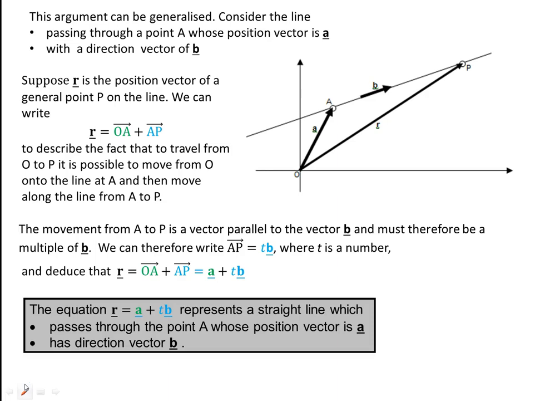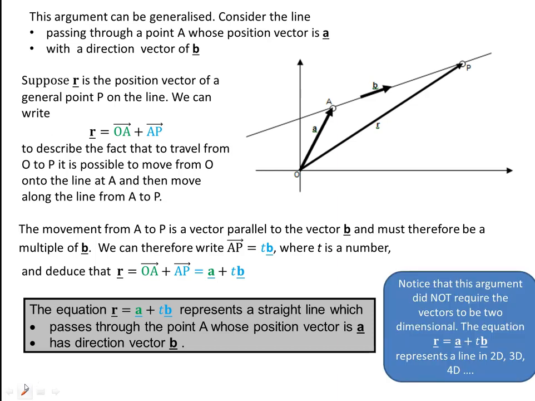So the equation r = a + tb represents a straight line which passes through the point A, whose position vector is little a, and which has a direction vector of b. Now it's worth noticing that this argument hasn't been dependent on us working in two dimensions.